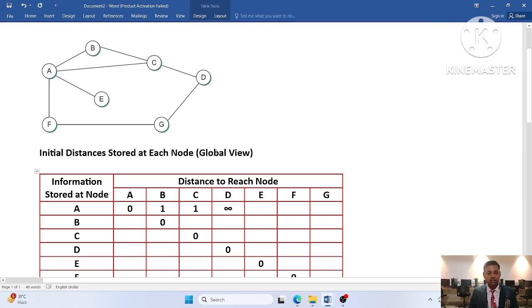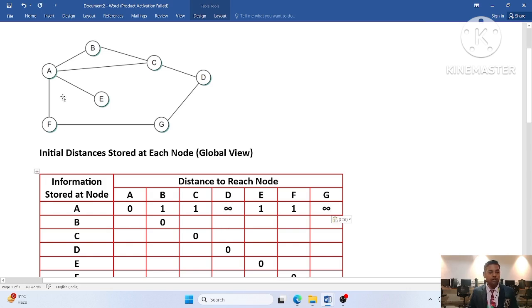This is the initial distances; we are calculating only the initial distances. A to E is 1. A to F is also 1. A to G is infinity.